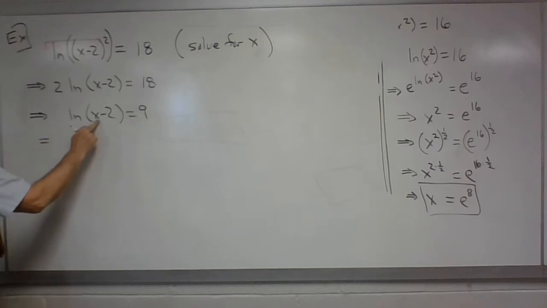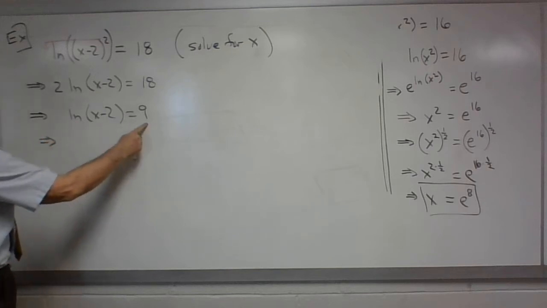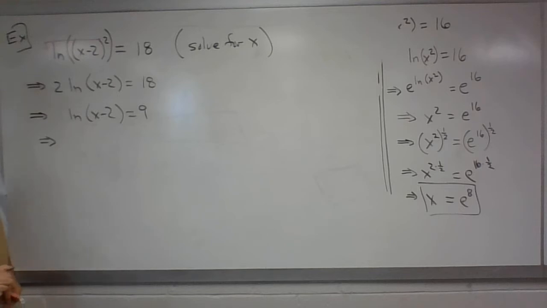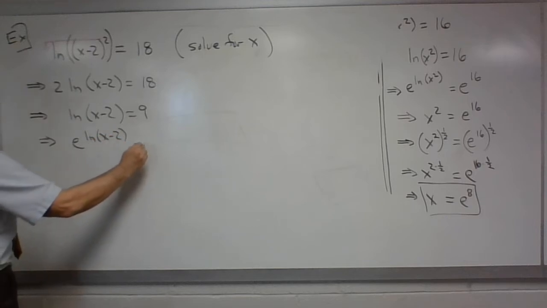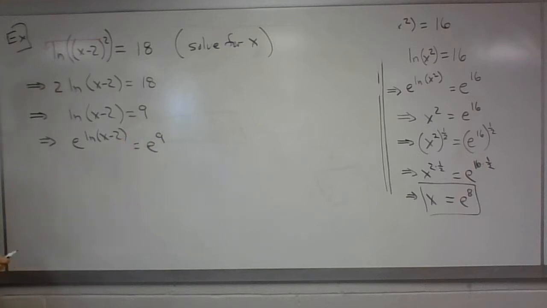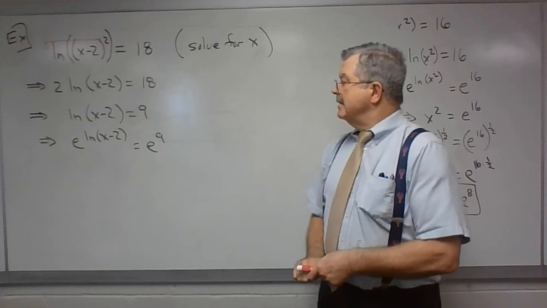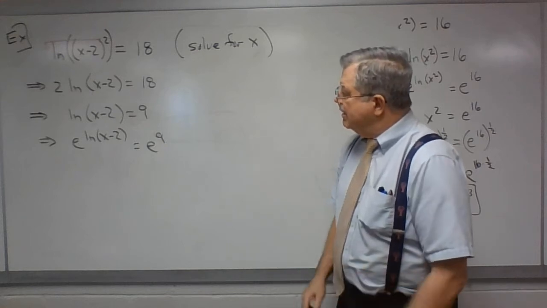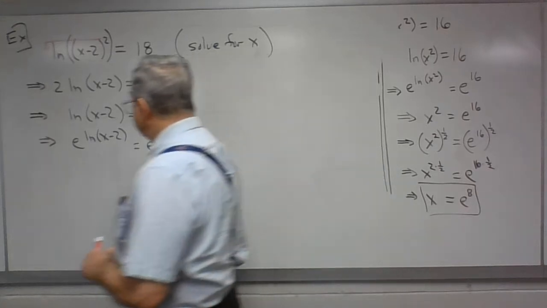And to free x from the inside of this natural log function, I'll use both sides of the equation as the argument of the exponential function. E and natural log undo each other. They're inverses.